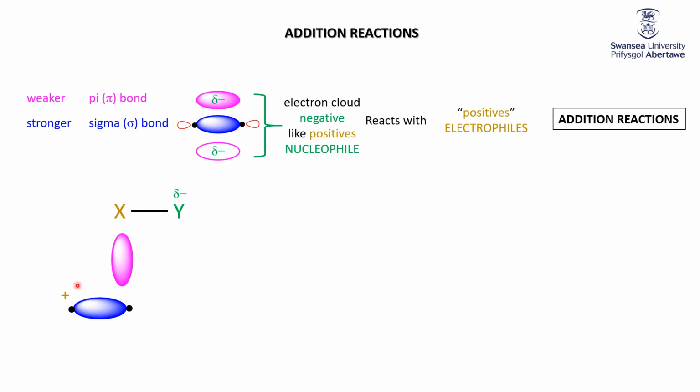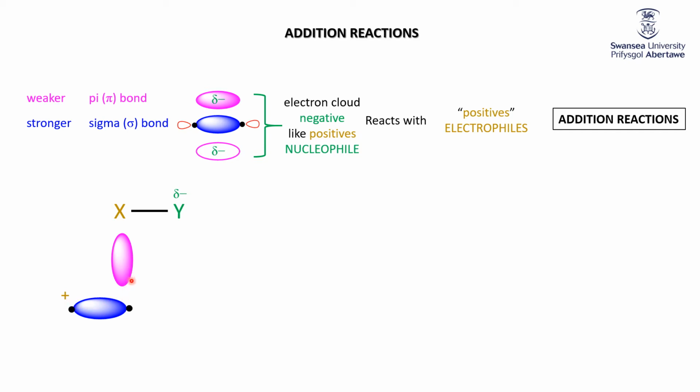The electrons from this pi cloud get attracted to the slightly positive X and so start to form a bond towards that X. Now, what that means is, first of all, there's no electrons left down here, but it does mean that, of course, this carbon atom that was having a nice little share of the electrons in the pi bond now doesn't have those anymore, so starts to develop a positive charge.